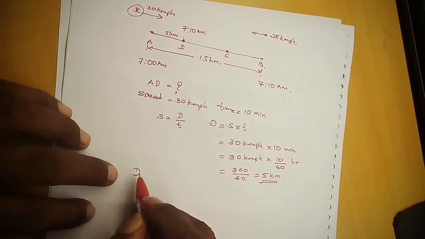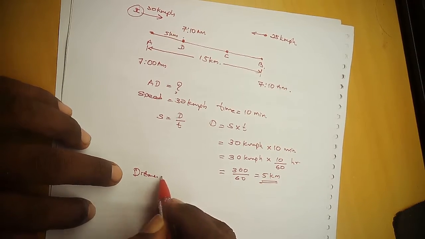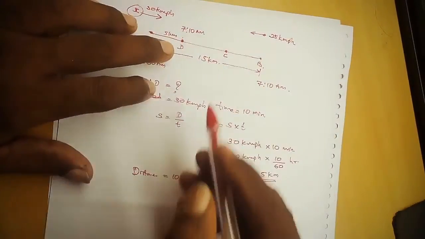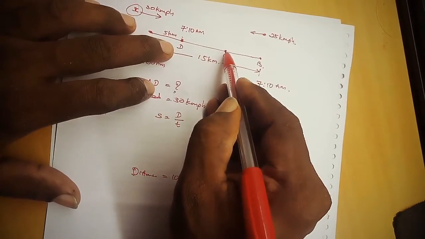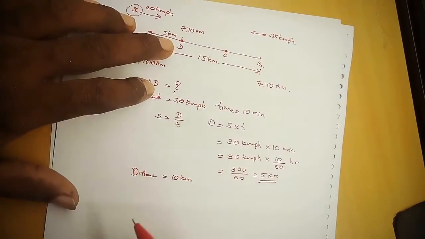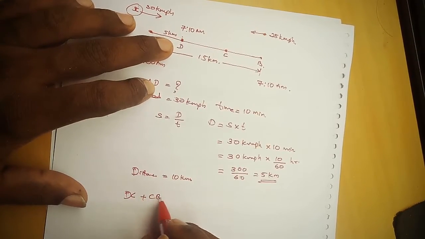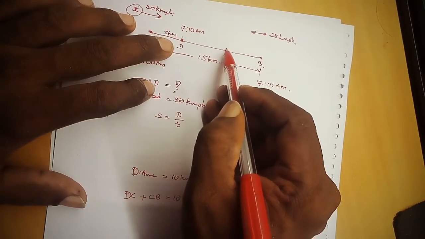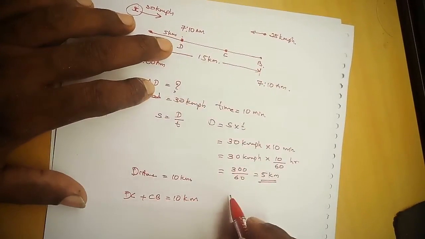Here distance is equal to 10 km. Now we want to find out at what point they will meet together, that is C. So we know DC plus CB is equal to 10 kilometer. C is the unknown point. So what is DC?